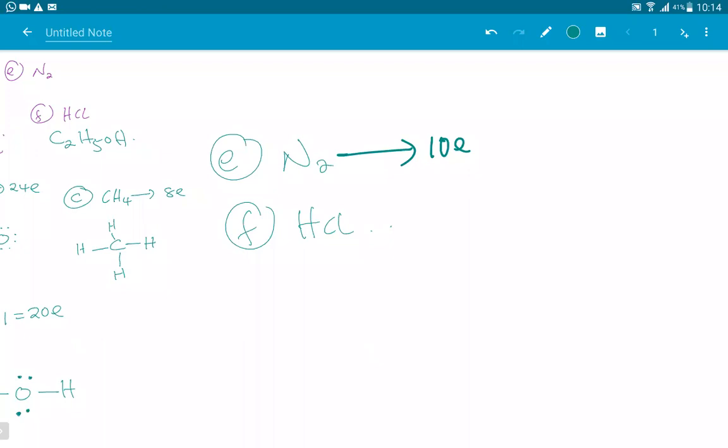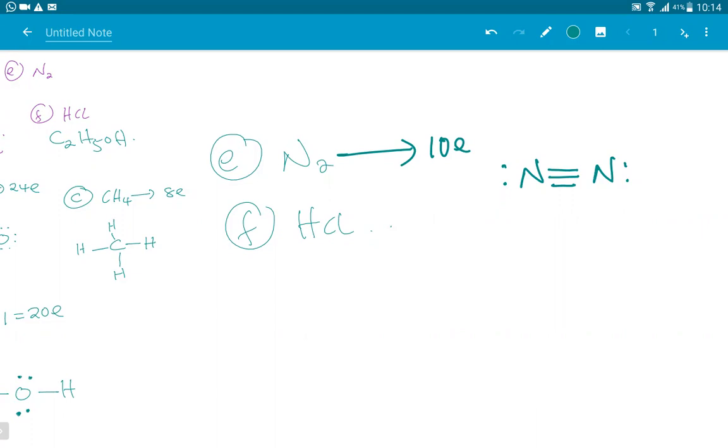Nitrogen bonded to nitrogen. In fact, there's a triple bond here, right? Yes. Then 2 there, 2 on the other side. Yes, like that. That's very correct. Please make sure you confirm.